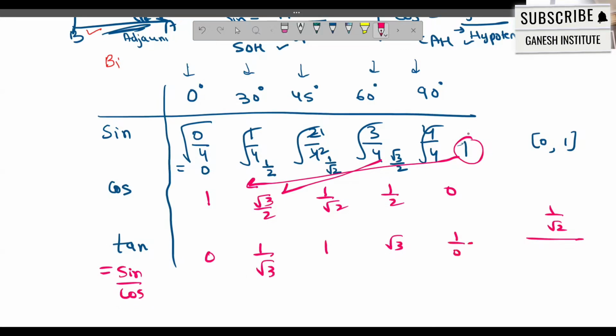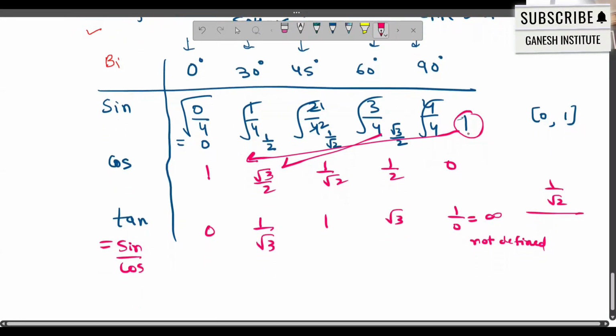Then tan 45 is 1. Then tan 60 is root 3. And tan 90 is 1 by 0, that is not defined. Infinity.